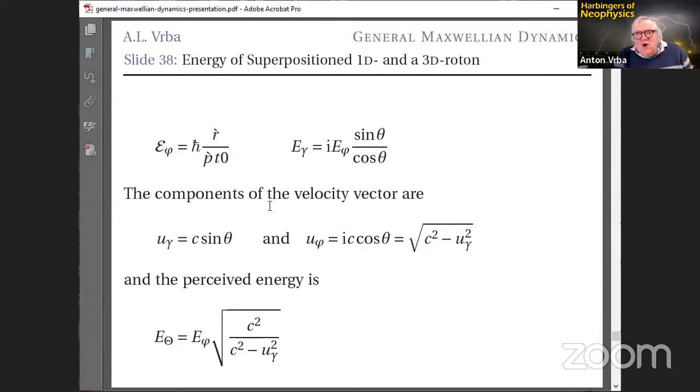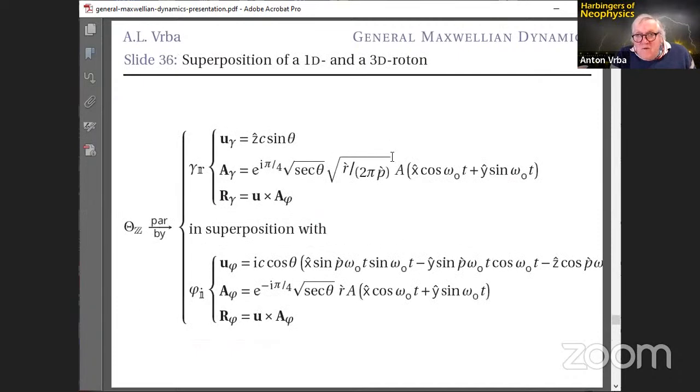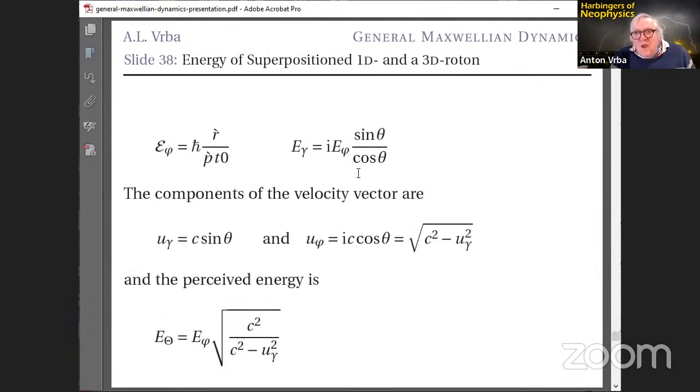And the energy of the roton, because I've got this term in here, is equal to the energy of the 3D roton sine theta over cos theta. And the components of the velocity vector are u equals c sine theta, and for the three-dimensional one, it is complex or imaginary c cos theta.